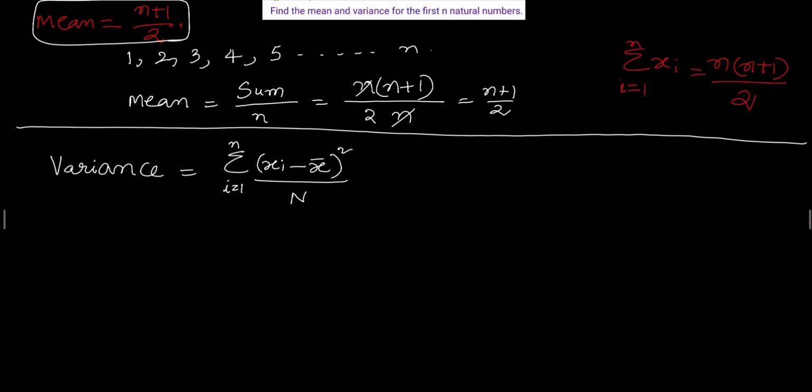Now let us expand this and see what happens. Sigma i equals 1 to n. This is xi square plus x bar square minus 2 xi into x bar.